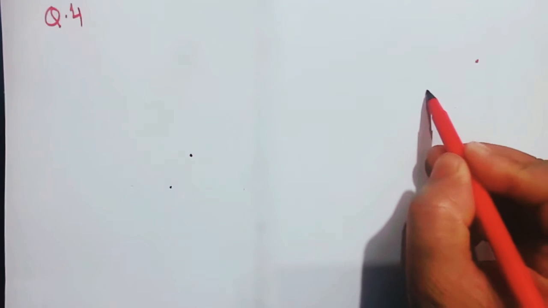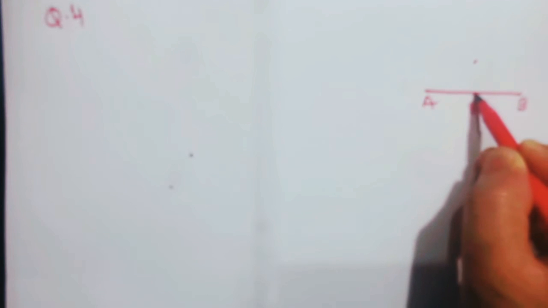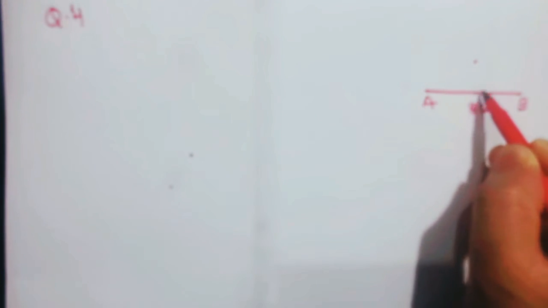Therefore, draw a line segment AB equal to 8 centimeter. Mark a point P in AB such that AP is equal to 5. So AP should be equal to 5, this is my P.